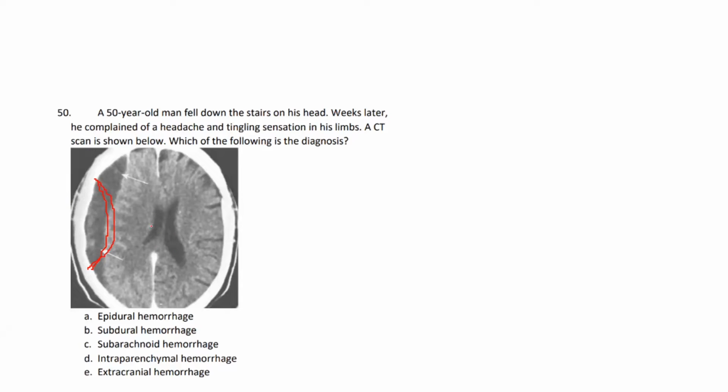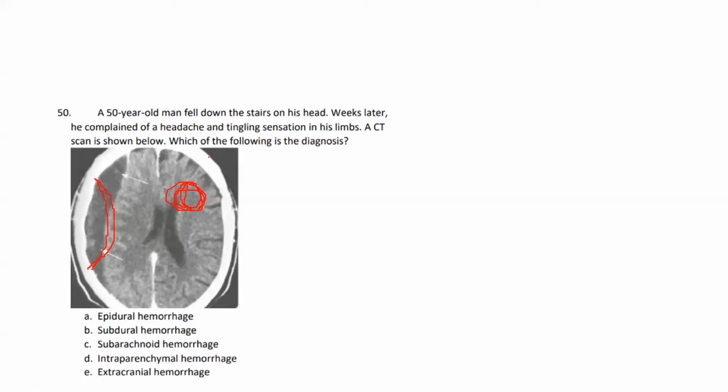A subarachnoid hemorrhage has a more starfish shape to it, while with an intraparenchymal hemorrhage, you'll actually see where the blood is accumulating. So it'll be, for example, a pool of blood over here, and that's going to be where the hemorrhage is. An extracranial hemorrhage is just outside of the brain. This one does involve the bridging veins.